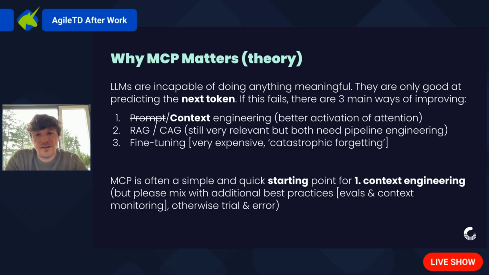You need to make sure you monitor the context. It's an entire selection process. What is relevant context, what is not? What context leads the AI astray and what not? So it's basically its own field with monitoring and observability best practices.